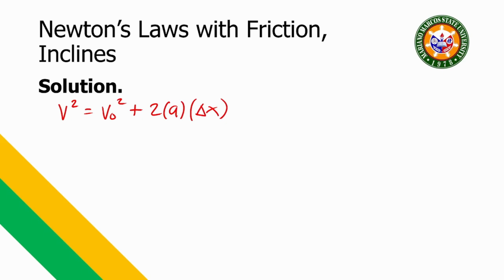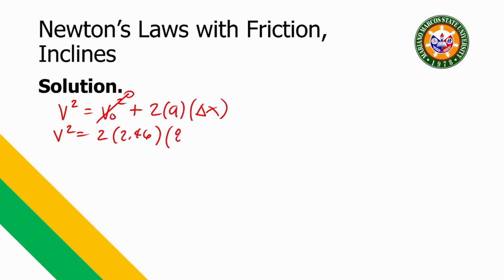So, let us try to solve for v. So, v squared is equal to, wala tayong given na initial velocity. So, this one will be equal to 0. So, plus 2a. So, acceleration natin, na-solve natin kanina is 2.46 meter per second squared along the incline multiplied by the displacement. It starts from the top. Ano yung displacement niya? 8.5 meter from the top downwards.